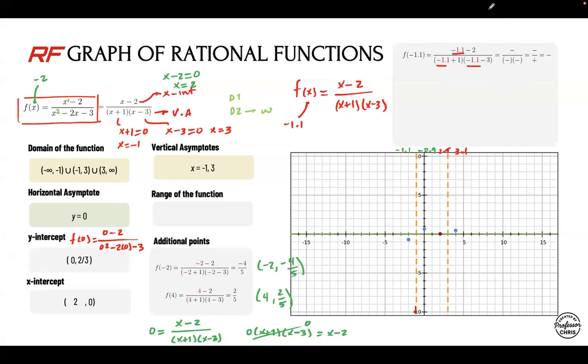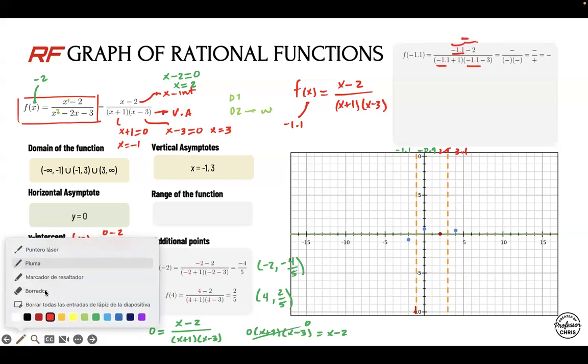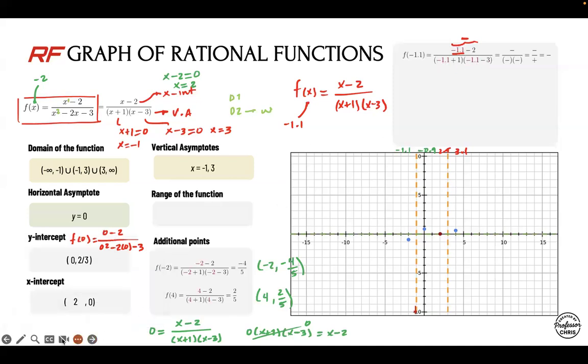But I'm not interested in finding the number. I'm not going to add -1.1 or subtract 2 from -1.1. I want to know what the sign of each operation is. If I perform that operation, I'm going to get a negative number. The next operation also gives a negative number, and here I get another negative number.